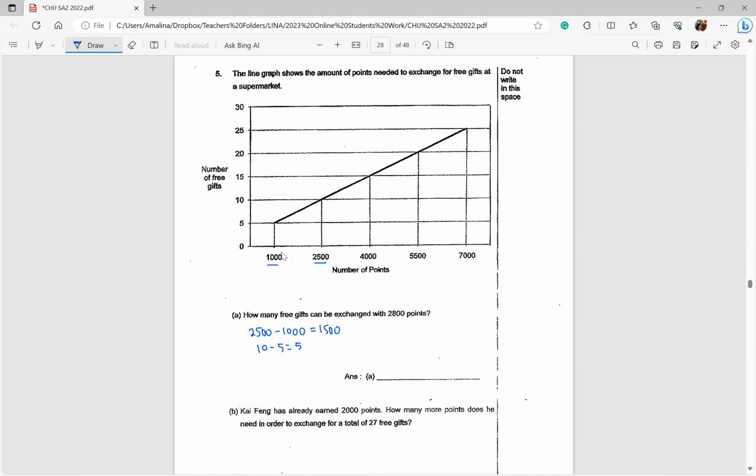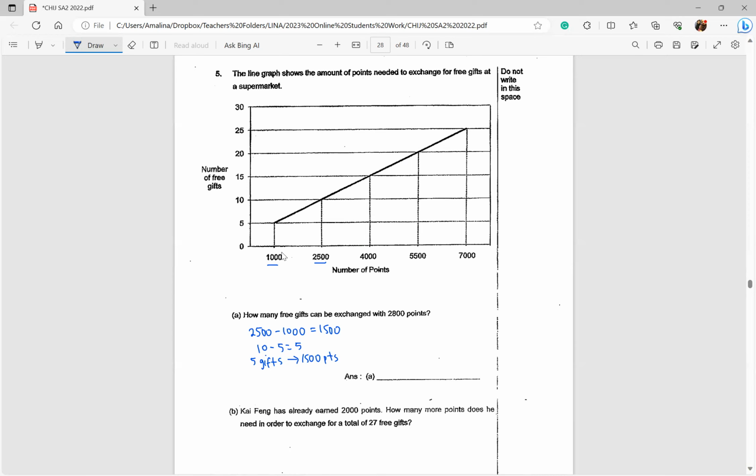So 5 free gifts is the same as 1,500 points. The value of 5 gifts is 1,500 points.